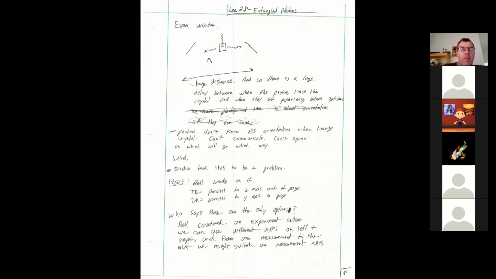So if it's going to take 10 microseconds to get there, at 9.8 microseconds, some electronics should randomly choose an orientation, rotate that polarizing beam splitter, and you may be thinking you can't rotate a mechanical object that fast. Well, what they actually do is they play around with something whose optical properties rotate when you apply an electric field.